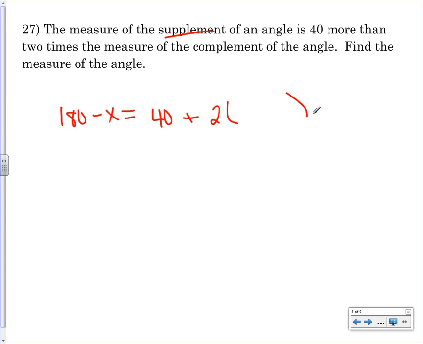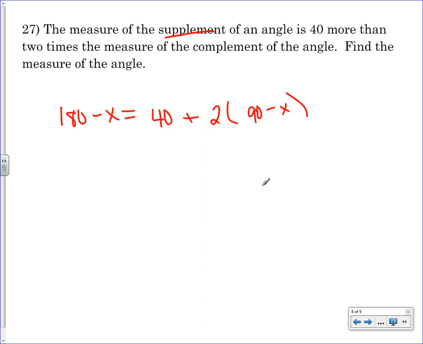If the supplement of the angle was 180 minus x, what's the complement of the same angle? 90 minus x, right? So again, if my angle was 30 and you're the complement of mine, what are you? 60, because you took 90 minus 30. That's how you got the 60. Same thing. 90 minus I don't know.